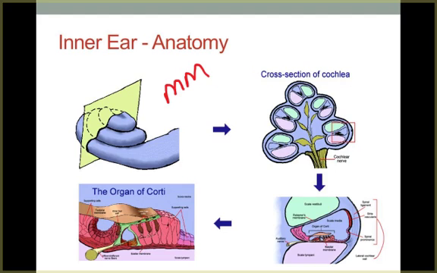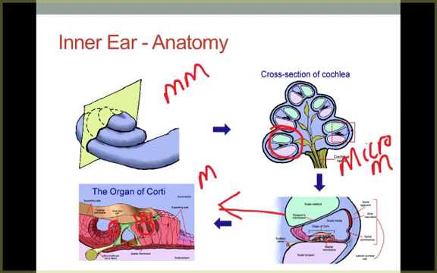The structures that lie within the turns of the cochlea are of the size of micrometers, but the actual magic happens in structures even smaller than that, namely those hair cells, and at the top of the hair cells, structures that we call stereocilia, which are of the dimensions of nanometers.